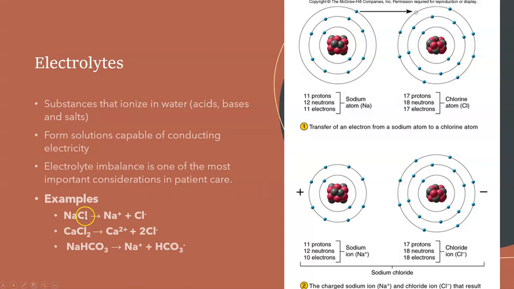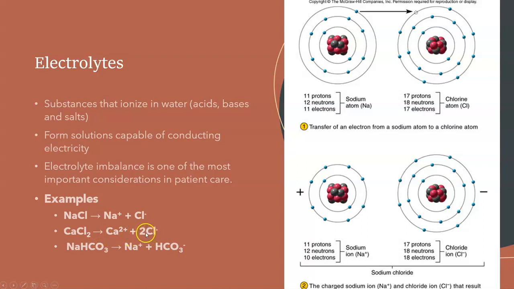Some examples of electrolytes are sodium chloride, which is just table salt. When it goes into water, it becomes a positive sodium and a negative chloride ion. Calcium chloride becomes a 2+, so this is a cation that has a positive 2 charge, and there are 2 -1 charged chloride ions.